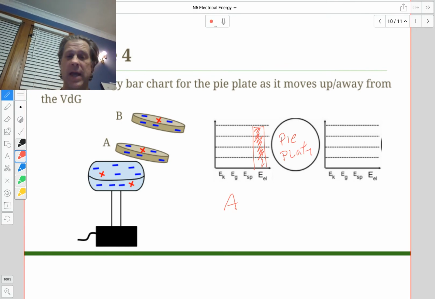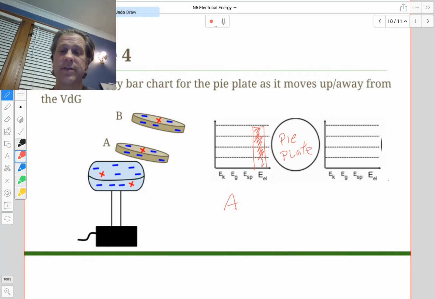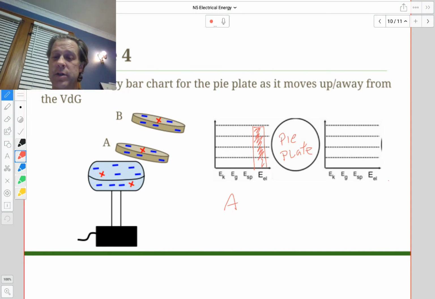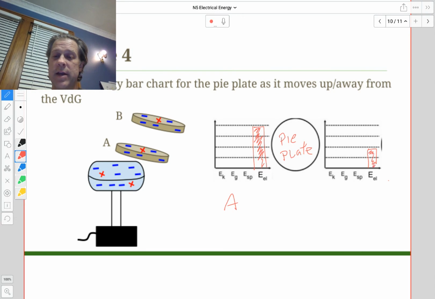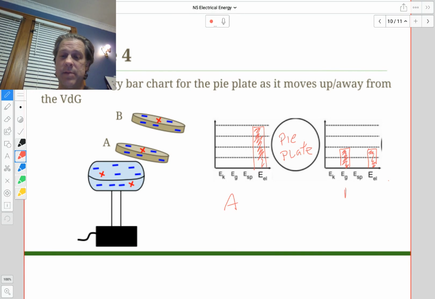There's nothing really acting on the system, so we're not putting in energy, because we're talking just about the pie plate. As it moves up and away, it's still going to have some electrical energy, but it's also going to be fighting against gravity, just like things are when they're up off the ground. So now we're going to say it has some gravitational energy. This is spot B.